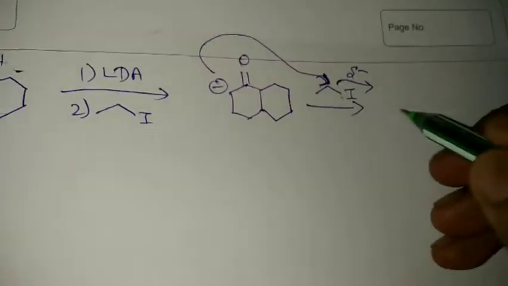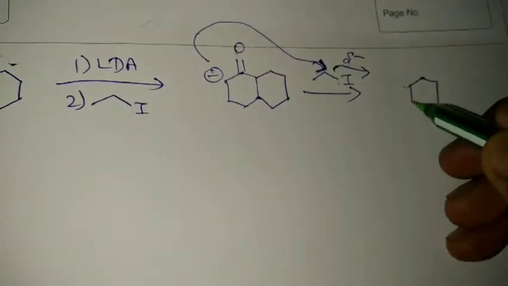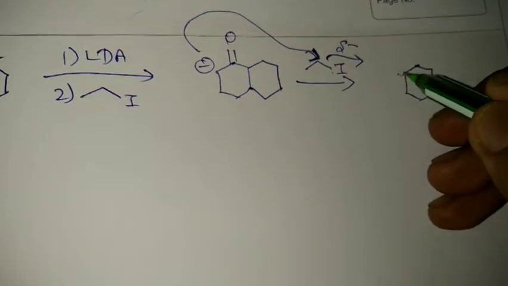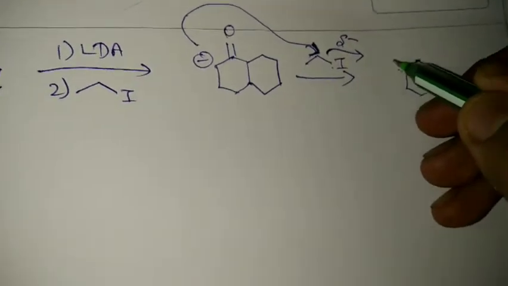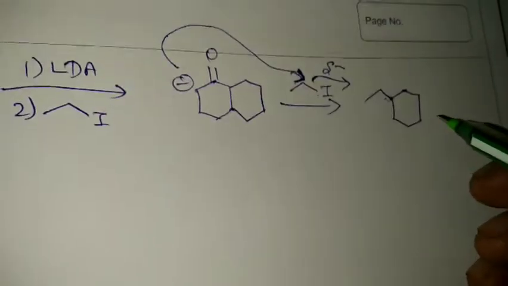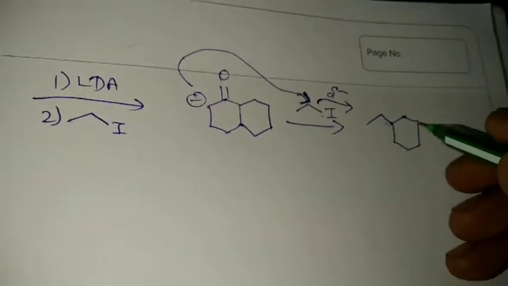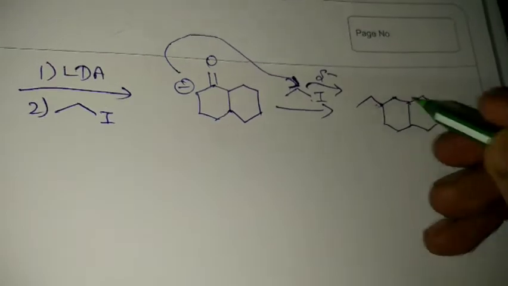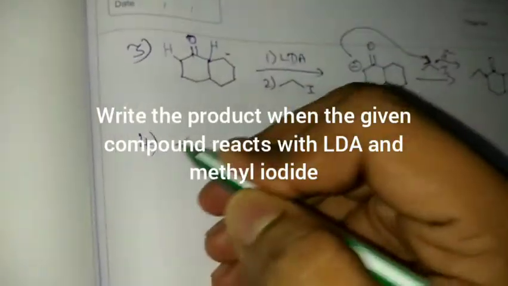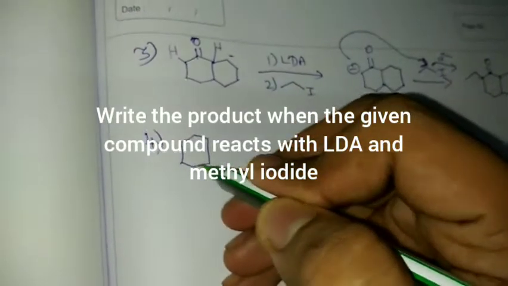So I minus is also a good leaving group. So it will be like this. So this forms, if I'm not wrong. Yeah, this forms like this. Simple. So one more you can take.